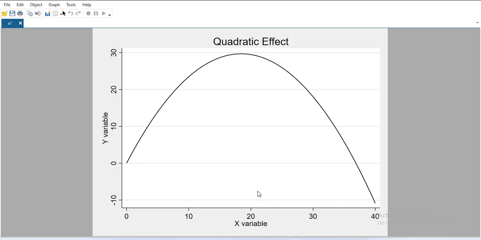This is a good way to represent how your y variable is being affected. You can see that around value 20 there is a cutoff value: below that it has a positive effect, after that there is a negative effect. So it's an inverted U-shape relation.